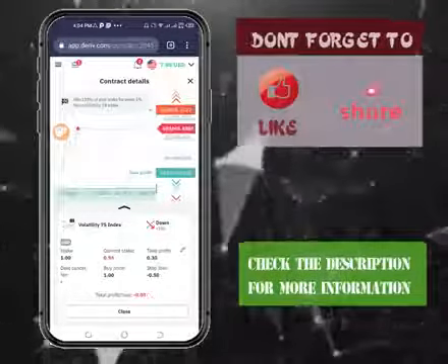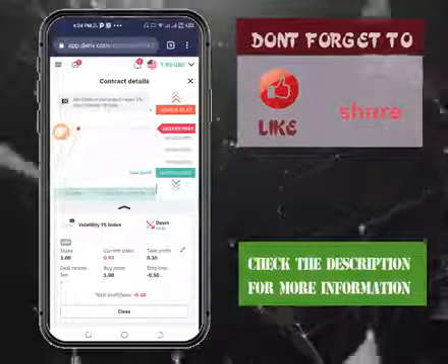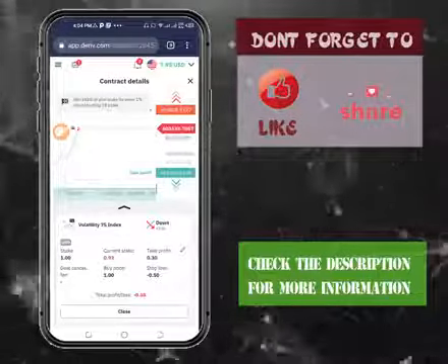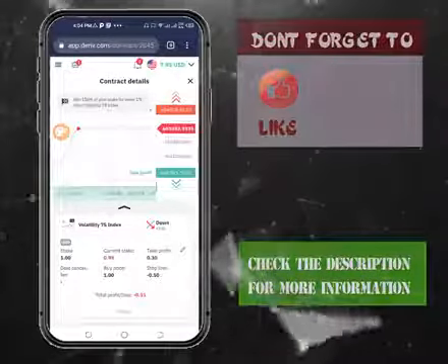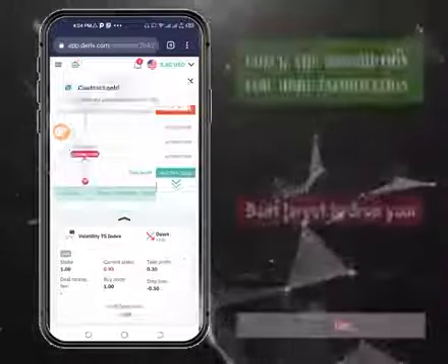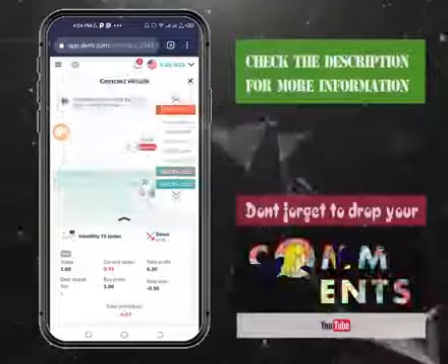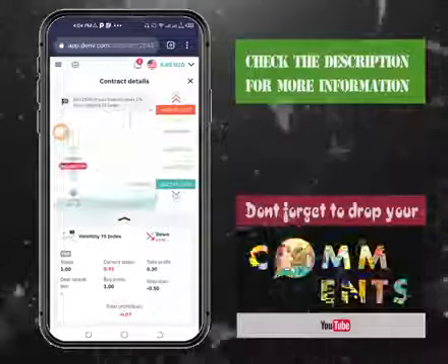So it's going up. I'll close this trade.